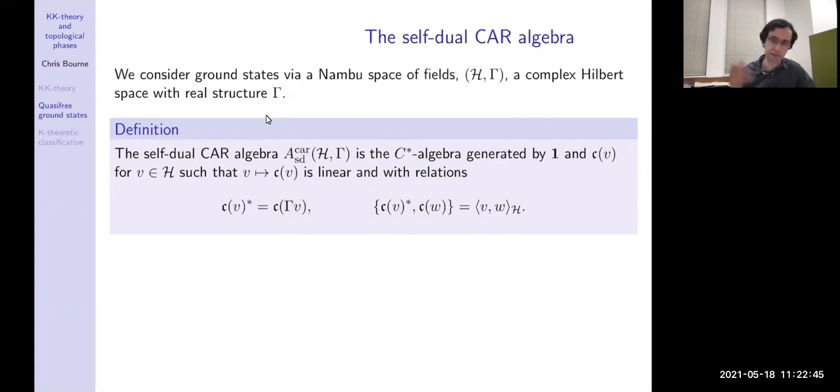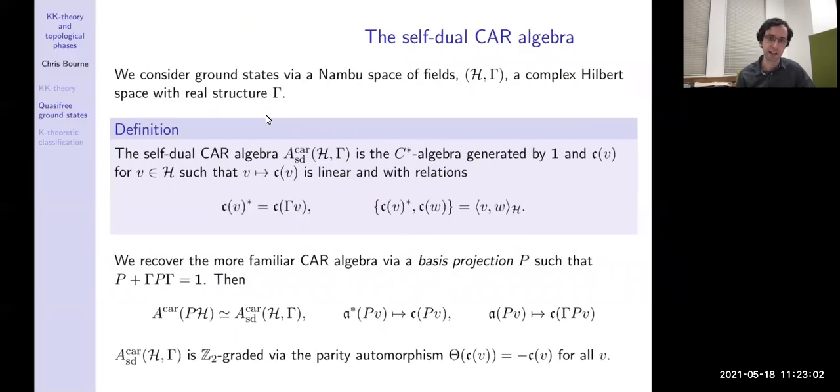So if the space H is finite dimensional, then this is going to be isomorphic to a Clifford algebra, but I'm going to work directly in the infinite systems here, or just assume that we have an infinite dimensional space. So this doesn't really look like what people know to be the CAR algebra, right? But you can recover the more regular CAR algebra when you have one of these things called a basis projection, which splits your complex Hilbert space into two parts, precisely the particles and the holes.